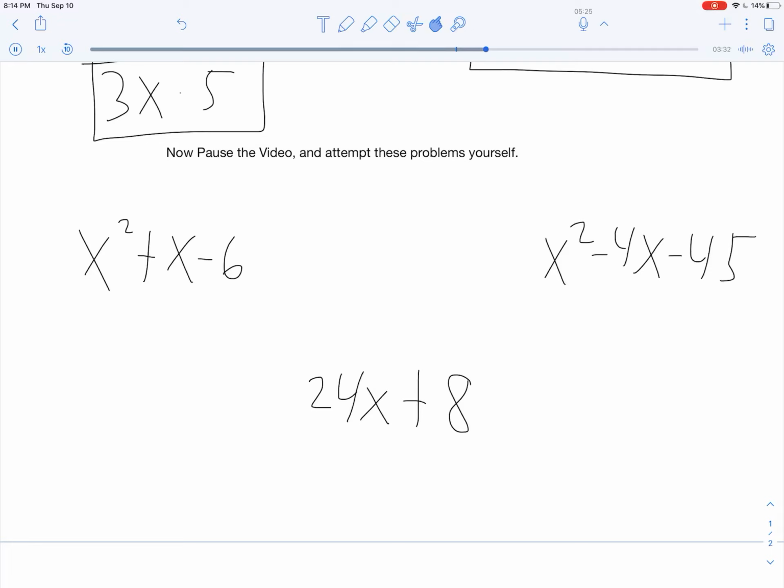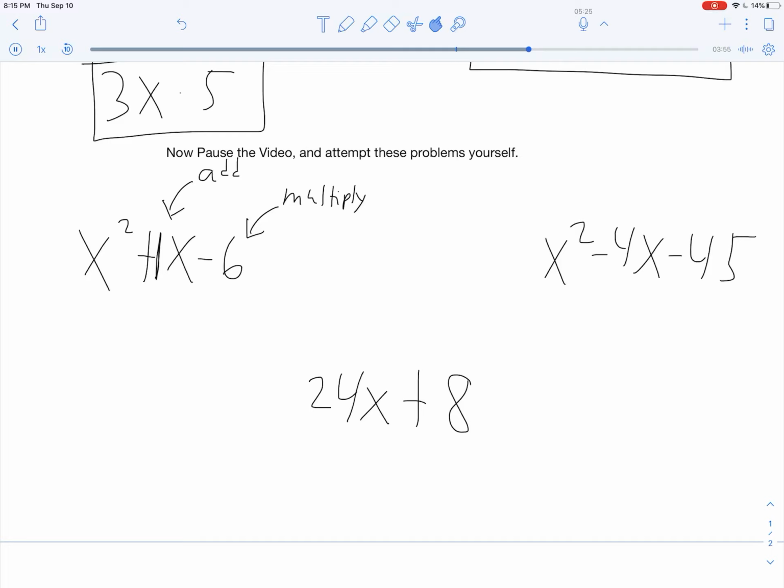Okay, but first let's do x squared plus x minus 6. Once again, when it's just plus x, that means there's a 1 coefficient, so we want to add to 1. We want to multiply to negative 6.